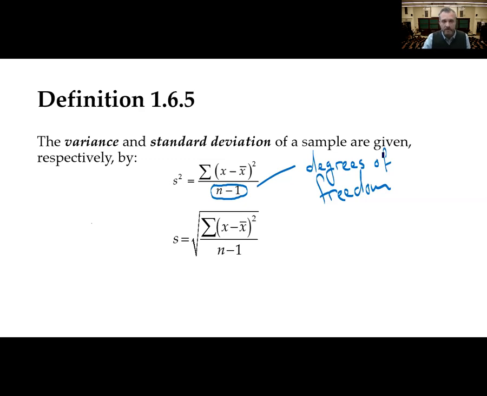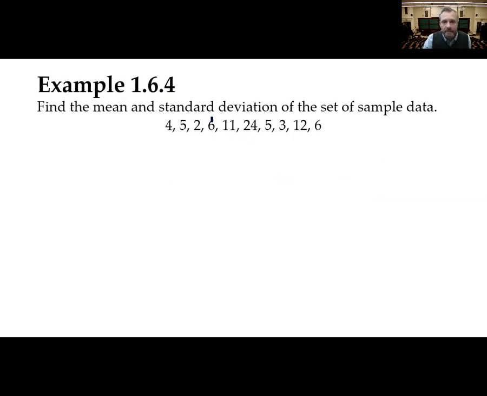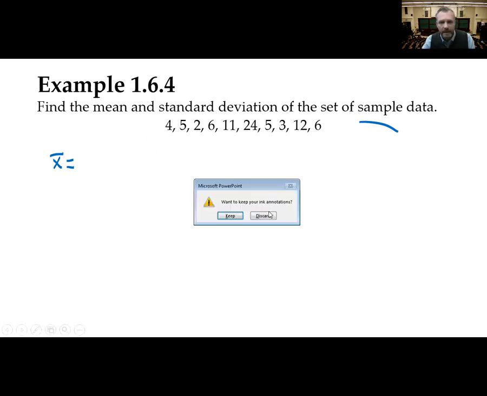So let's practice this real quick. You've got a set of data here, and I want to go ahead and compute the sample standard deviation. How do I know it's sample? Well, it says sample, okay? So the first thing we need to do is get our hands on the mean. And so what I'm going to do is put this into Excel and add it up and find the mean.